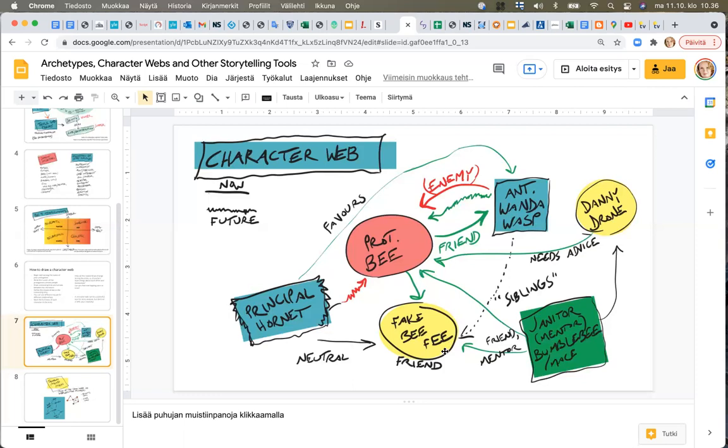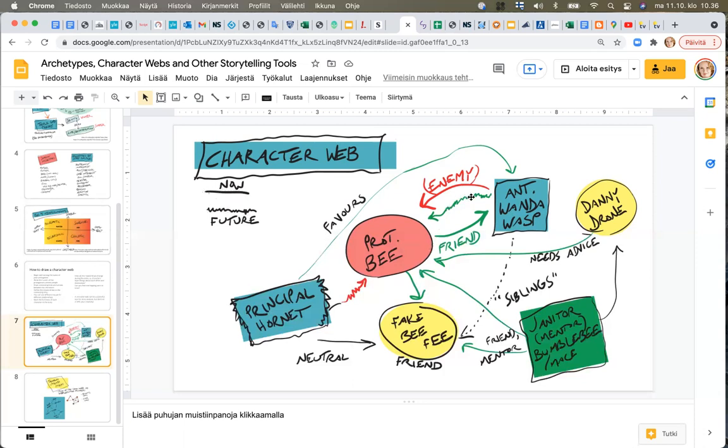Okay, so this was, by the way, drawn together with a couple of students. I think it was last year. So we thought about this sort of character combination, and I see we came up with 6 characters. And there are also 2 kinds of lines for the now and for the future.